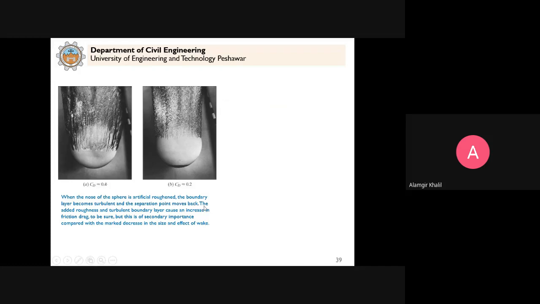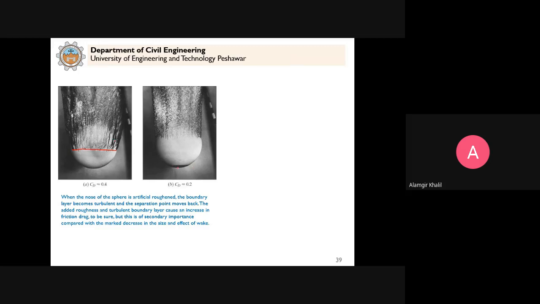Now in this case, you can see we roughen the surface. So the added roughness and turbulent boundary layer cause an increase in friction drag. Because from rough surface to smooth surface to rough surface, clear? You artificially roughen it. But this becomes of secondary importance, because you can see the wake that is pushed back as compared to here. You see, the wake is here from here onward.